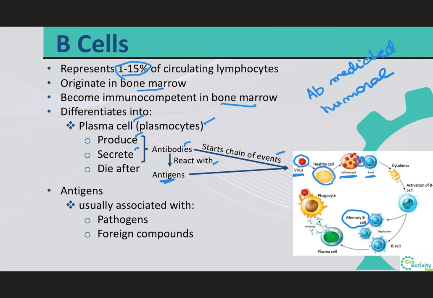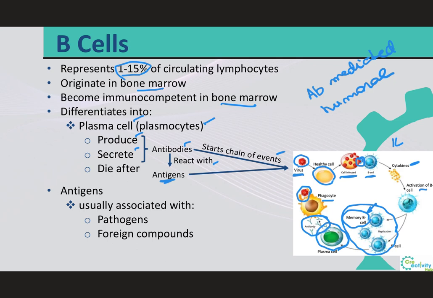The B cell will bind to the antigen present on the infected cell, and it will release certain cytokines, mainly interleukin, and this will activate B cells to divide several times, and this will create a memory B cell as well. The B cells will then give rise to the plasma cells or plasmocytes, which are the ones that produce antibodies. And then the antibodies will send a signal to macrophages, for example, for them to go and destroy the virus.